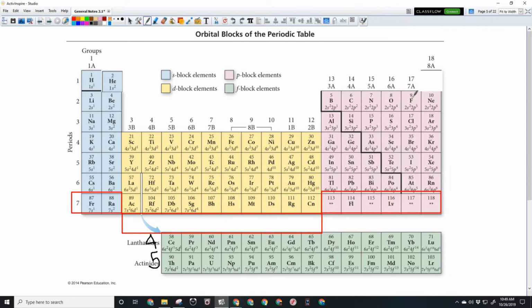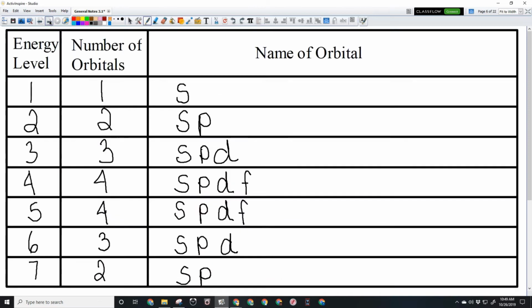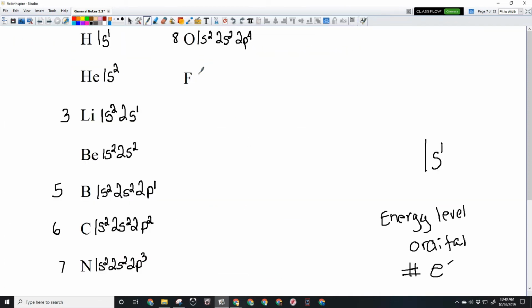Fluorine is the fifth position over, and neon is going to be in the 6th position over. So fluorine is 1s2, 2s2, 2p. Fluorine is the 5th one over, one more than oxygen, so it's 2p5.